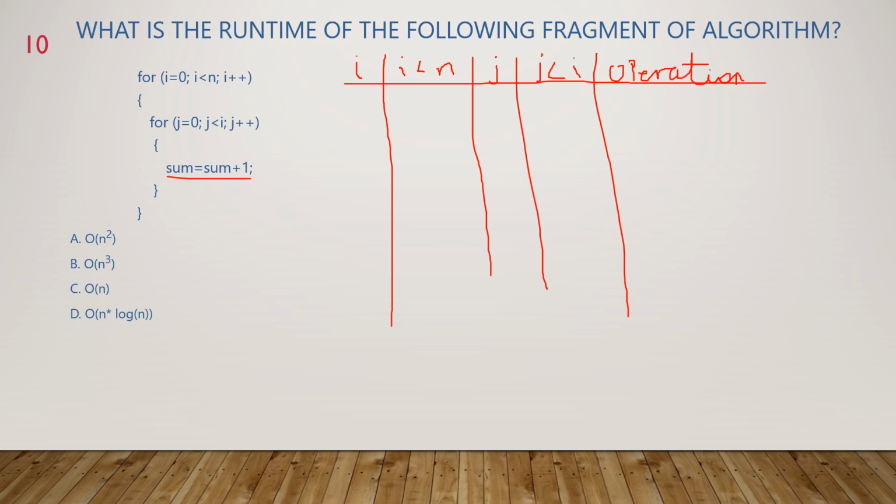When I is 0, 0 is less than n, and immediately the operation moves to the inner loop. The inner loop J is 0, and 0 is less than I, which is 0, so this condition will be false.